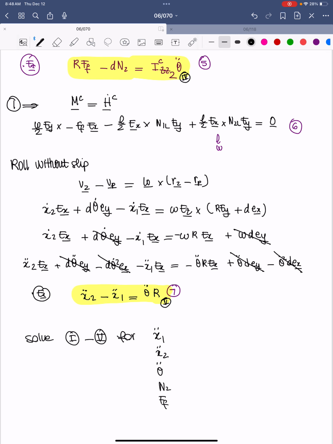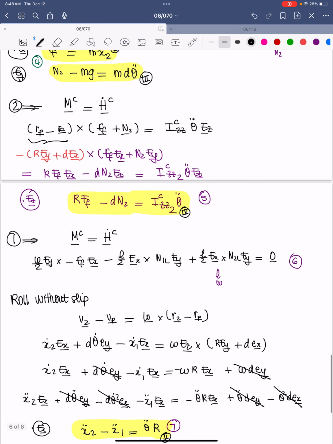Wow, that's a long problem. And actually we're not done yet because we still need to find these two quantities, D and IC ZZ 2, from geometry. I will pause this video and I will continue these calculations in another one.